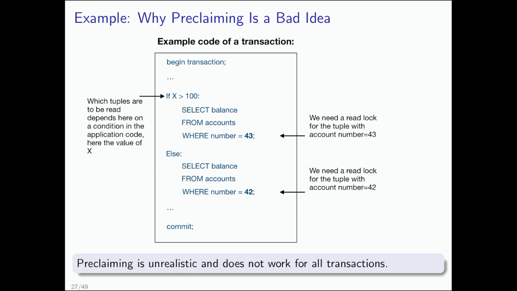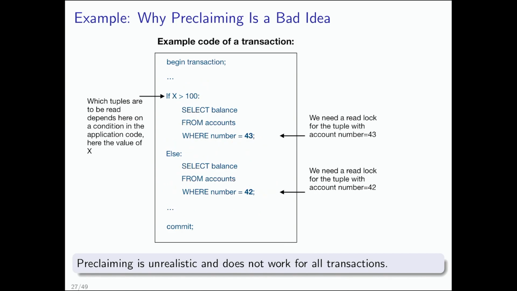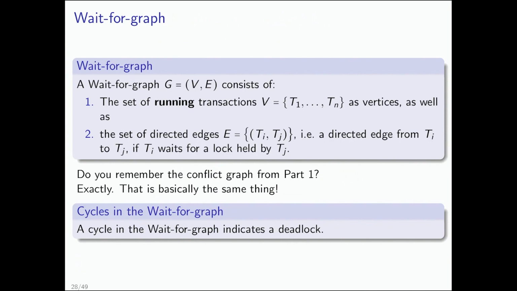If it's smaller or equal, then you select 42. So depending on what you do here, you might need to acquire a lock on this tuple, or on that tuple. Of course, you could be super conservative, analyze the transaction, and lock every possible path, everything that may occur. But then you lock large portions of the database for nothing, even though you never touch the stuff. So it's really an unrealistic thing, and it doesn't work for all transactions.